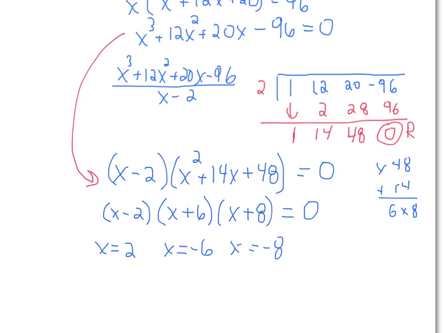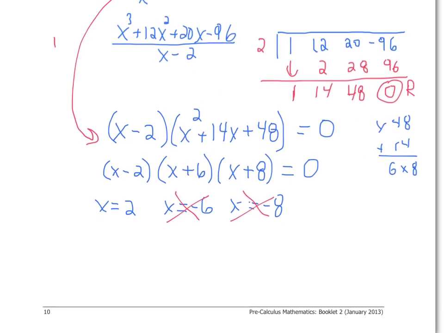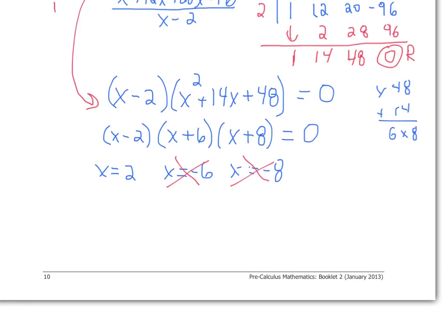We're talking about length, so these negative ones don't make sense. We're not going to have a negative length. So the only one that works is x equals 2. And we're just going to say it must be positive, and the reason it must be positive is we're talking about some type of length.